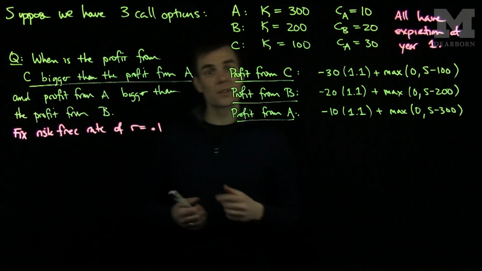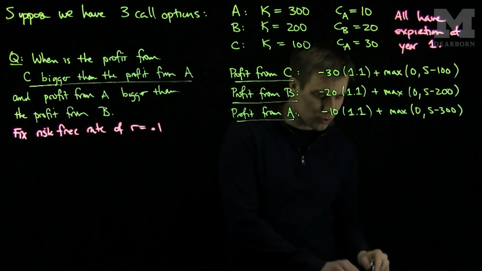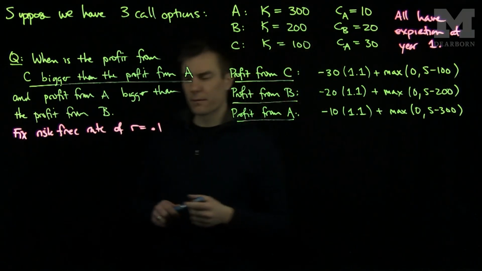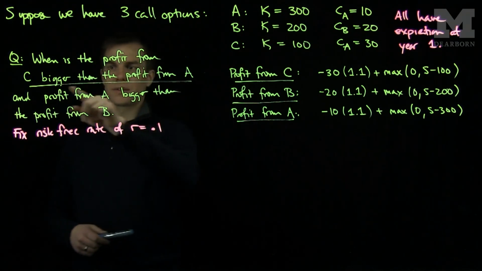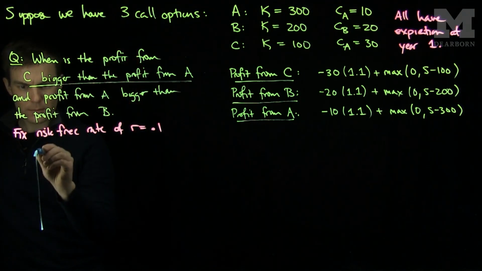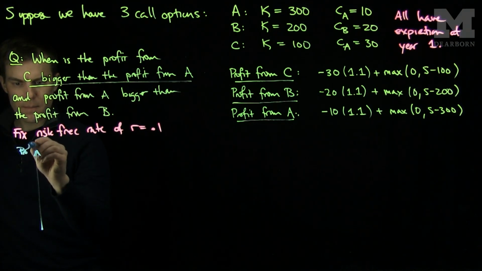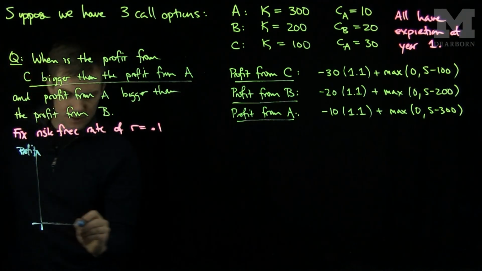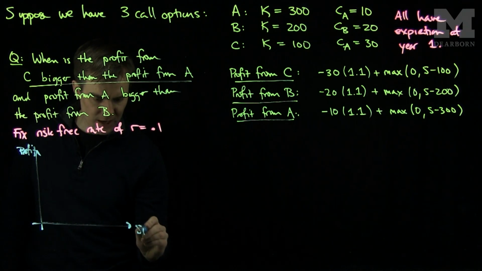So now what we need to do is compare these profits. So let's draw the profit diagram for C versus A, I want C to be larger than A. So here's our profit, and here is our stock price.